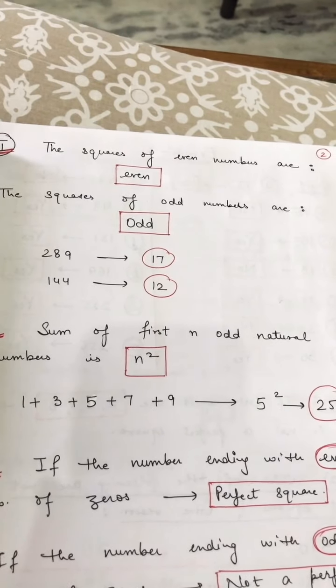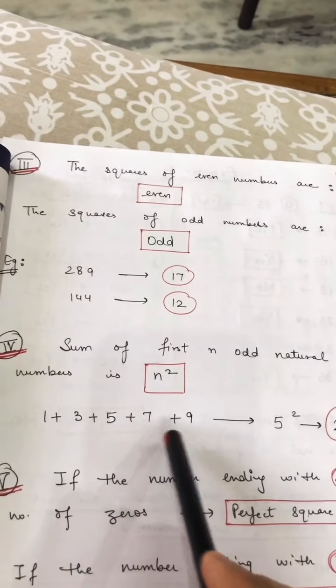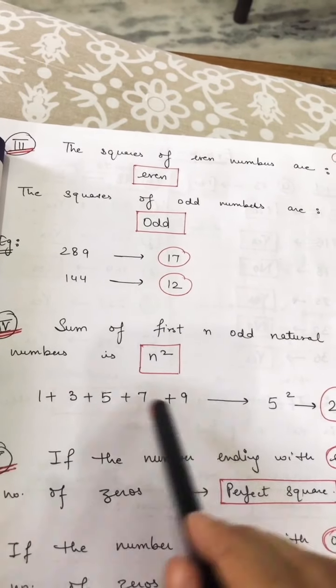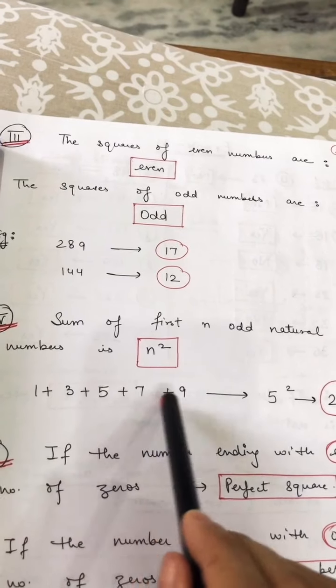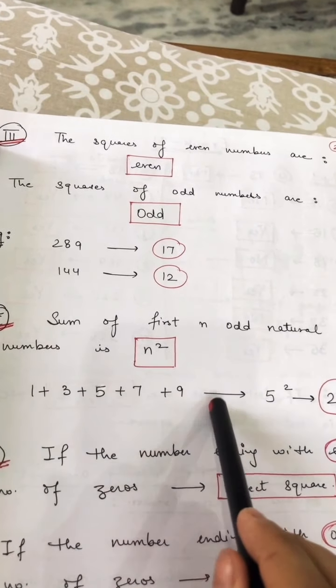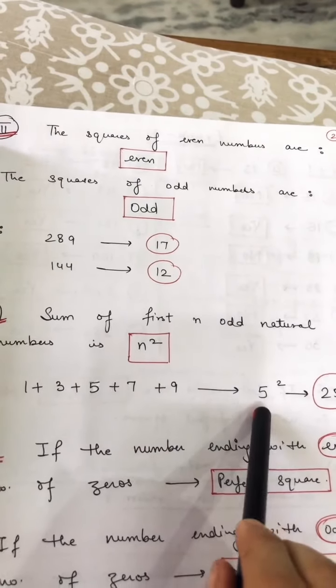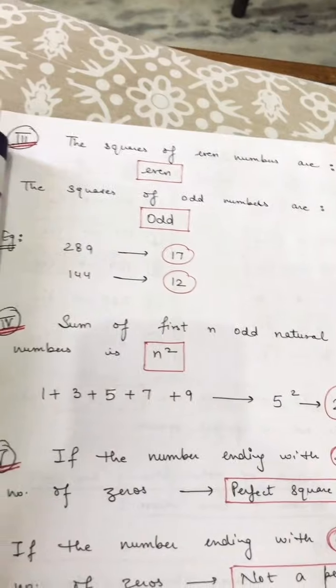This rule will apply only for odd natural numbers, and they should be in the series 1, 3, 5, 7, 9, then 11, 13, 15, in this way.